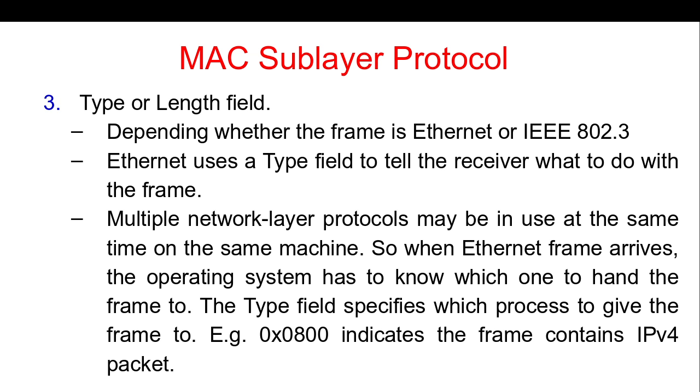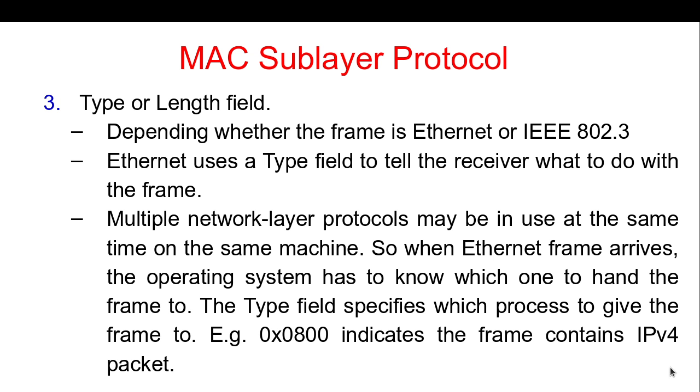For example, a value of hexadecimal 0800 indicates an IP version 4 packet. That frame contains one IP version 4 packet, for example. So that is based on the value in the type field.